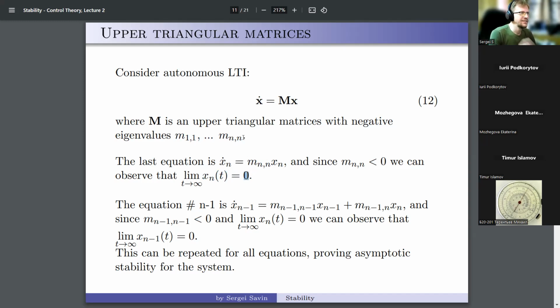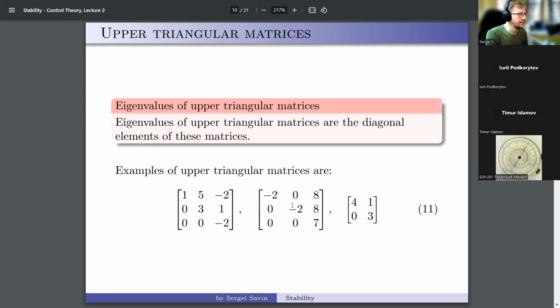Okay, let's consider the equation above this one. Well, it is x dot n minus 1, and that is a sum of two numbers. Why? Well, let's look. The second to last equation would have two numbers: one diagonal number and one off diagonal, right?